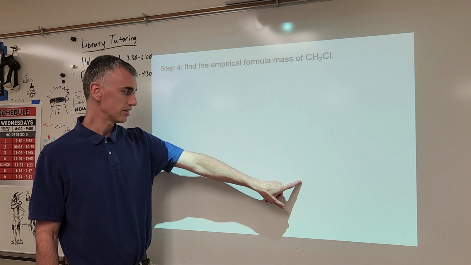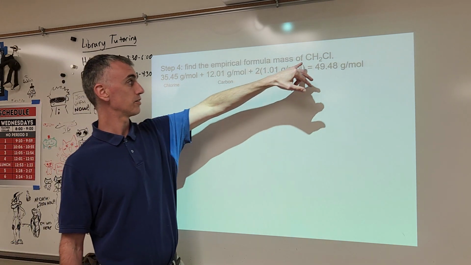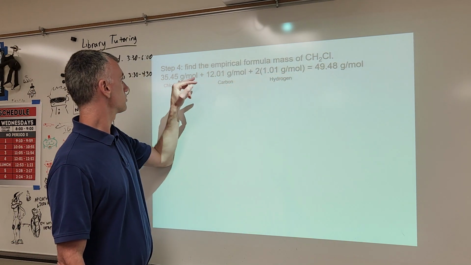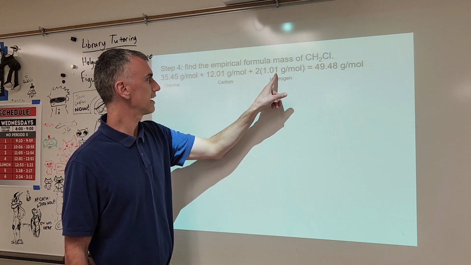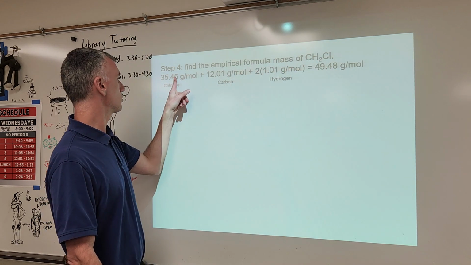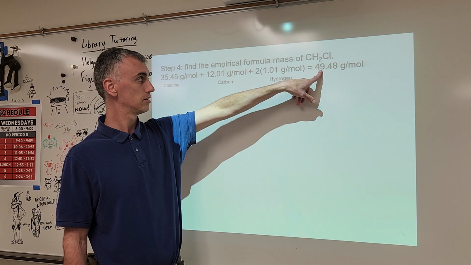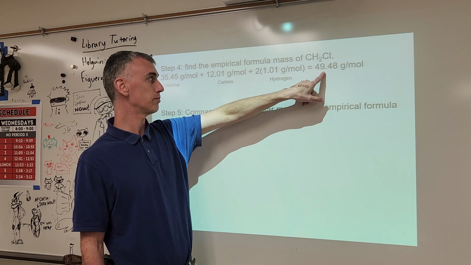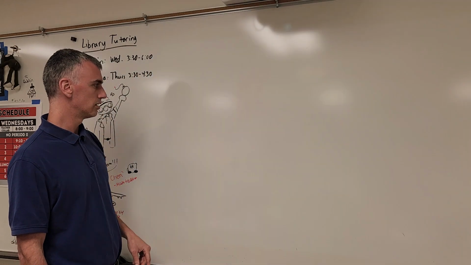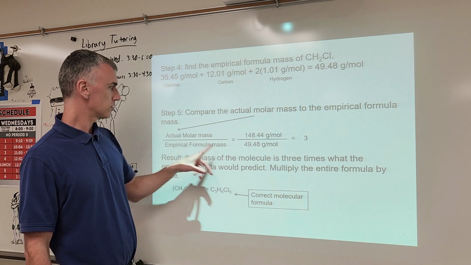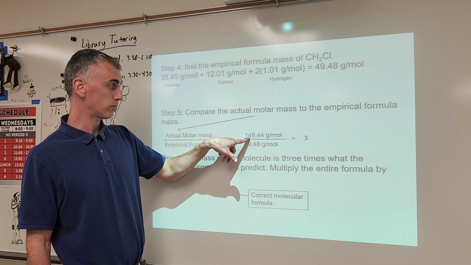And this is the one that you then take and add the molar mass for. So you found this empirical formula, 1 carbon, 2 hydrogens, and 1 chlorine. When you add them together, that is the formula mass. And this formula mass is what we compare to the molar mass that was given earlier in the calculations. The actual molar mass that was given to you as part of the question was 148.44.